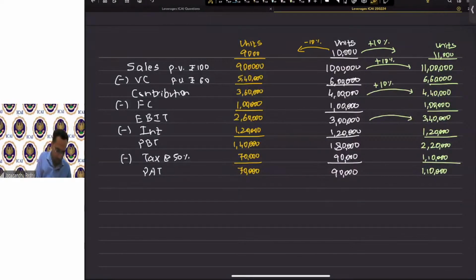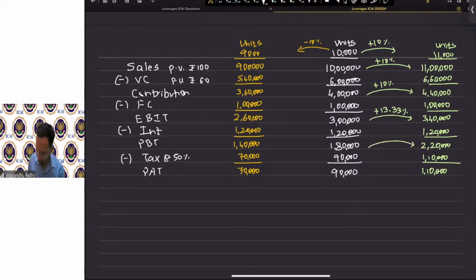So it increased by 40,000 divided by 3 lakh, which is 13.33%. This is plus 13.33%.